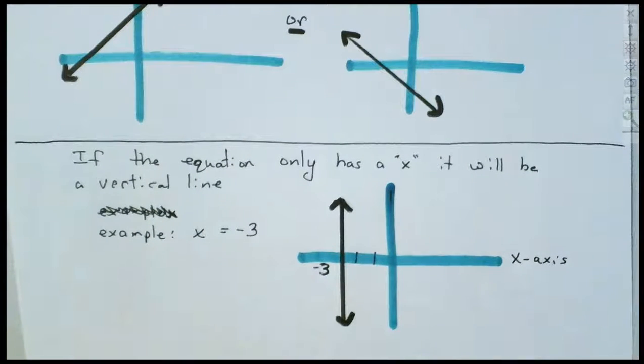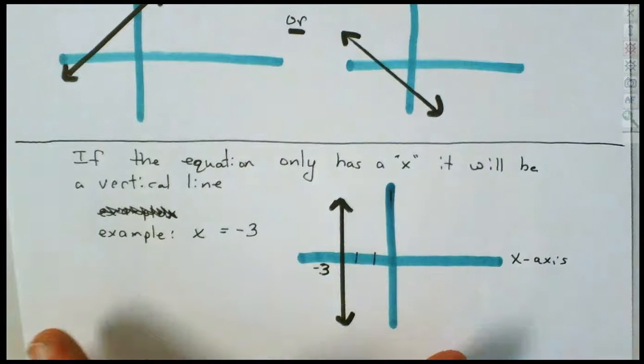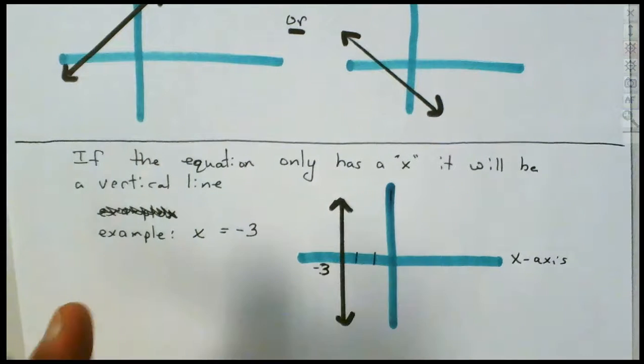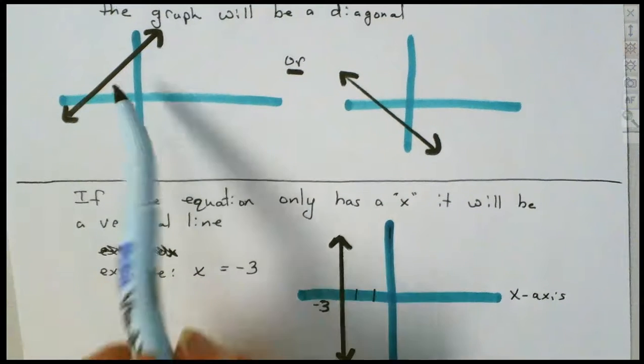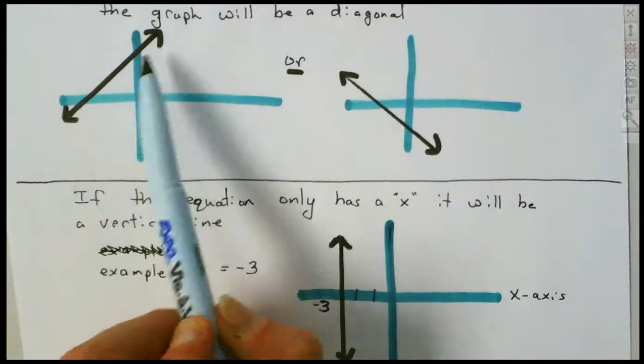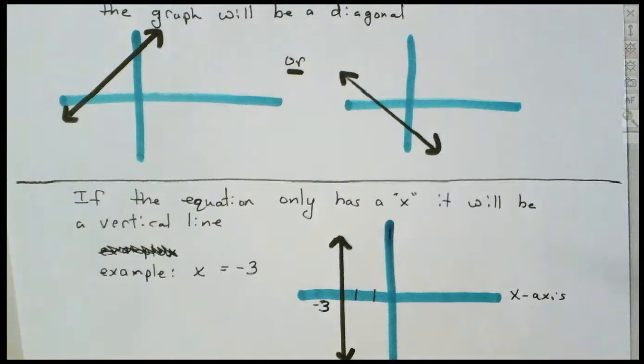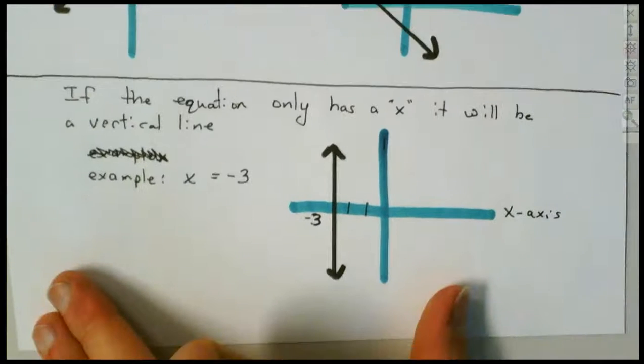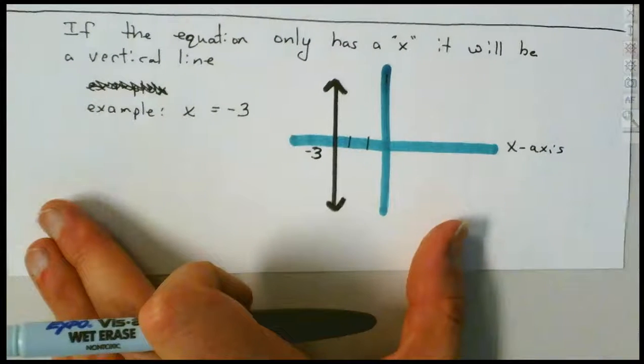We're going to graph more of these after the break, but I just wanted to go over with you the 4 different outcomes. If you have both the x and the y, you're going to get a diagonal line, either going up or going down. If you have an x only, then you're going to have a vertical line.